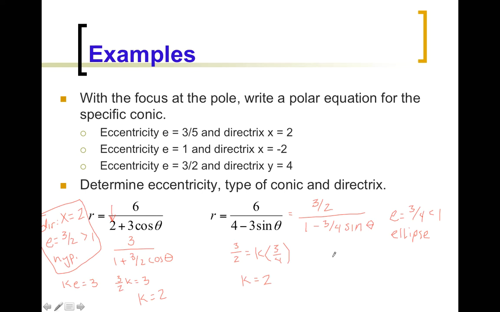And which way is it going? So this is a minus sign, so this is an open up. So my directrix is y equals the opposite of k. All right, so those are our easy problems, quote unquote easy problems.